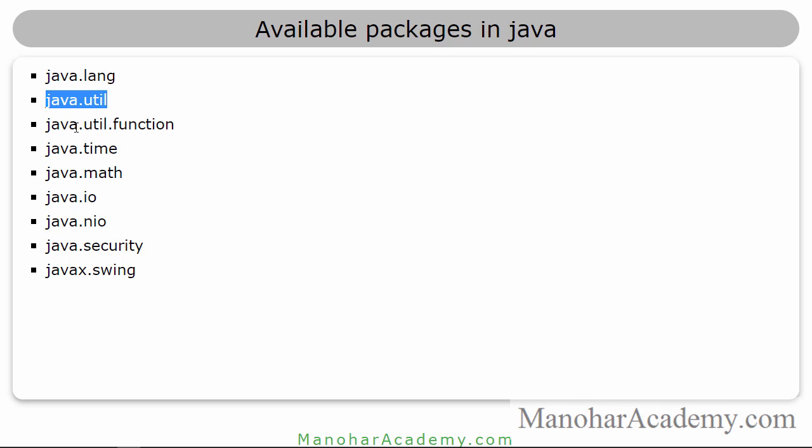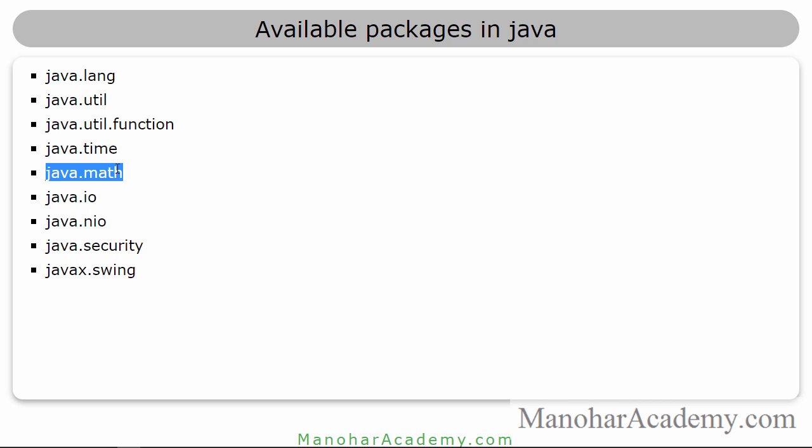So java.util. Also, in Java 8, functional programming was introduced and we have many functional interfaces, and all those interfaces are available in java.util.function. So here you can see that it is a different package, but they have something in common. We are going to discuss that as well. All the time related classes like LocalDate, DayOfWeek, Month, Year, and all those are available in java.time.